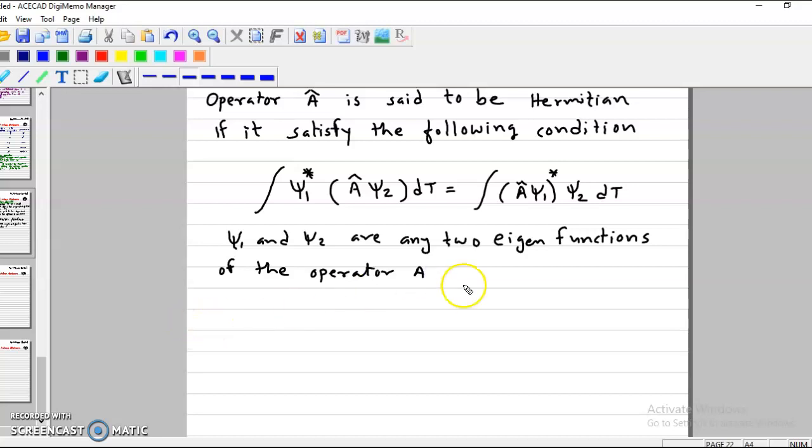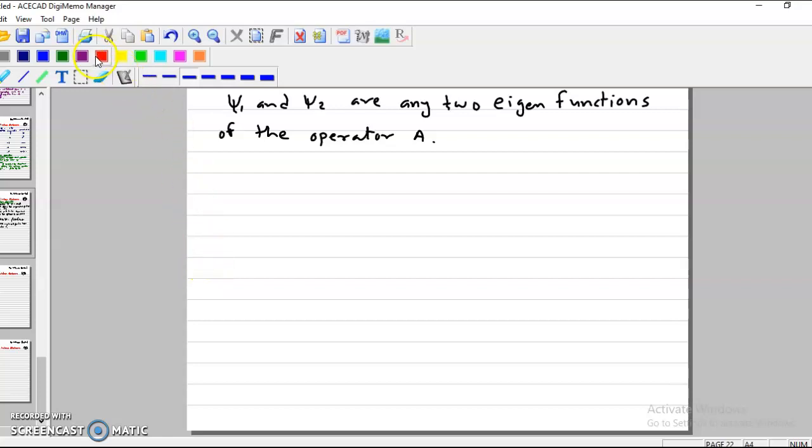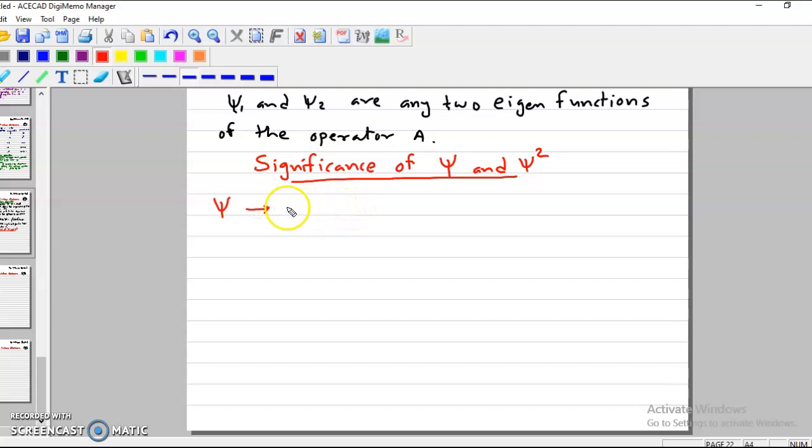Now we will deal with the significance of psi and psi square. Psi, what is this? Well, psi is as such a wave or amplitude of the matter.